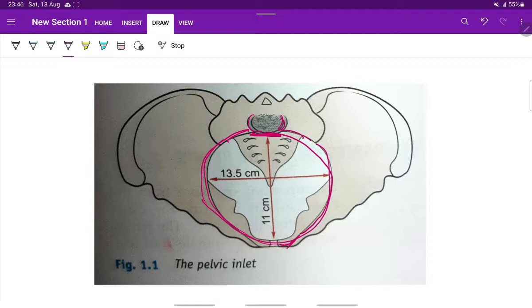This forms the linea terminalis, above which is the false pelvis and below this is the true pelvis. The uterus is present in the true pelvis. So, this is the linea terminalis.